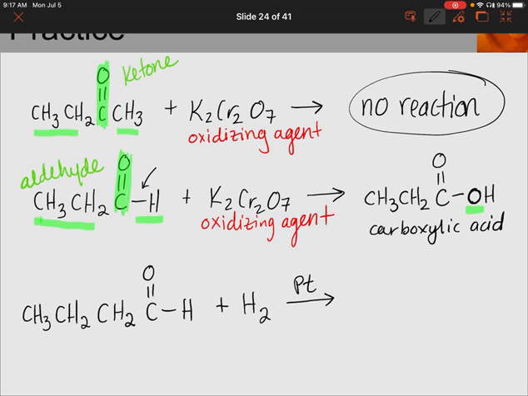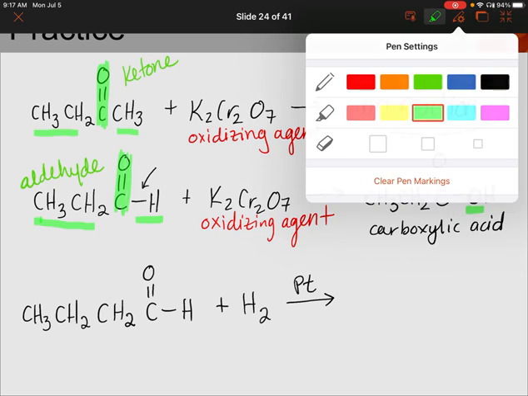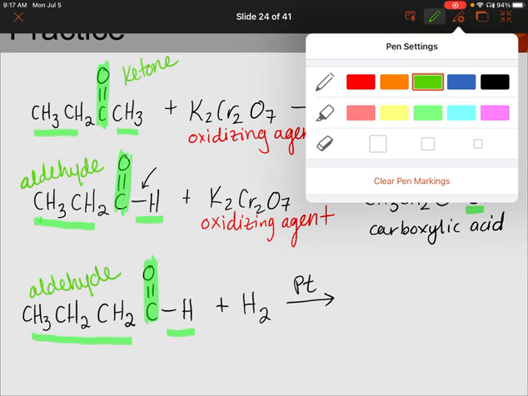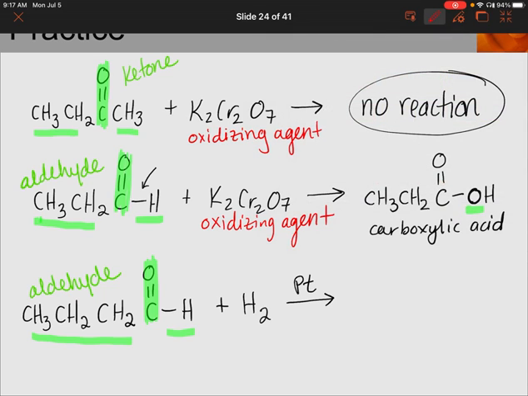Okay, let's look at our last problem. Okay, let's find our carbonyl group. We have an alkyl group on one side, a hydrogen on the other. So that tells us we have an aldehyde. And we're going to add, it looks like, two hydrogens across our double bond.